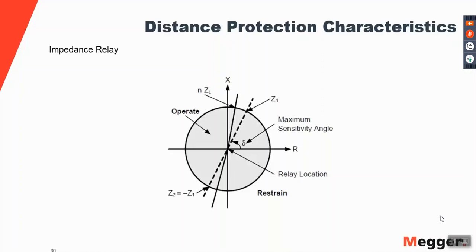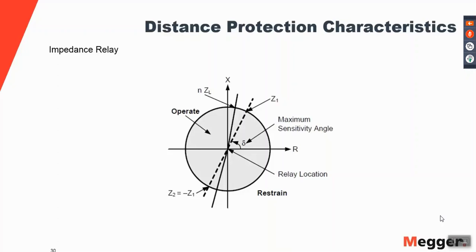Because here you can see that if you put the relay at the center of the coordinates, then for impedances in the positive direction, you will have the line, and you will say, okay, if the impedance is lower than anywhere on this circle, then I trip. But if the impedance is higher than places on this circle, then I don't.